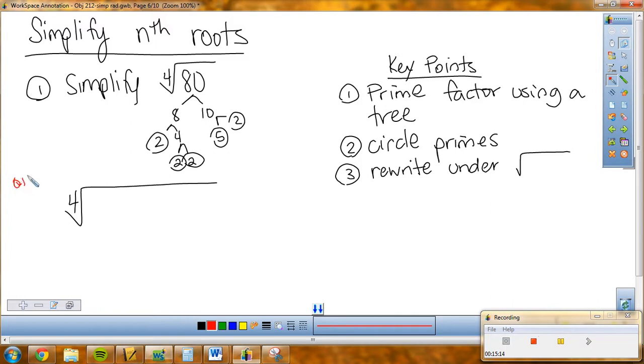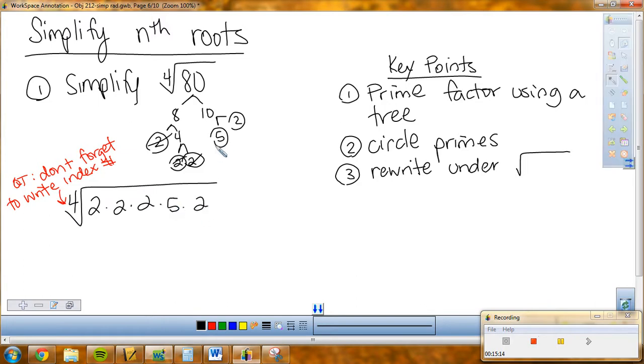So quick tip, don't forget to write the index number, right, this 4. We often forget to write that, and that changes the whole problem. So I'm writing the 4th root of, and then rewriting all of my prime factors. 2 times 2 times 2. I got that one, that one, that one, times 5 times 2. That one and that one.